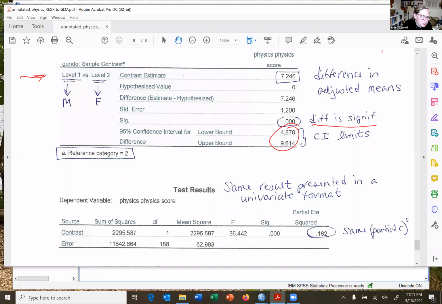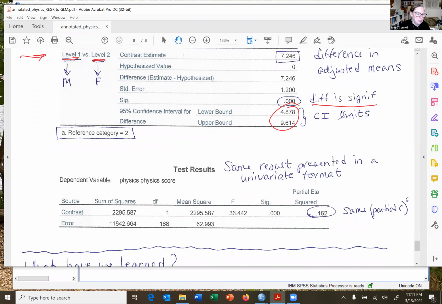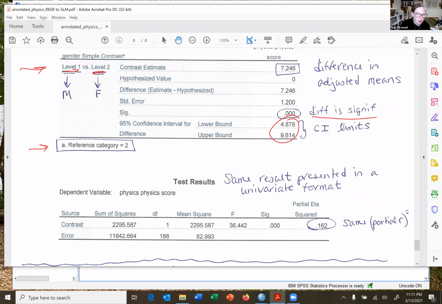The language used here, like level 1 versus level 2, is not very convenient, but you just have to keep track of what's actually being referred to. And it does tell you what the reference category is. So it's easy to figure out once you get used to the presentation style.